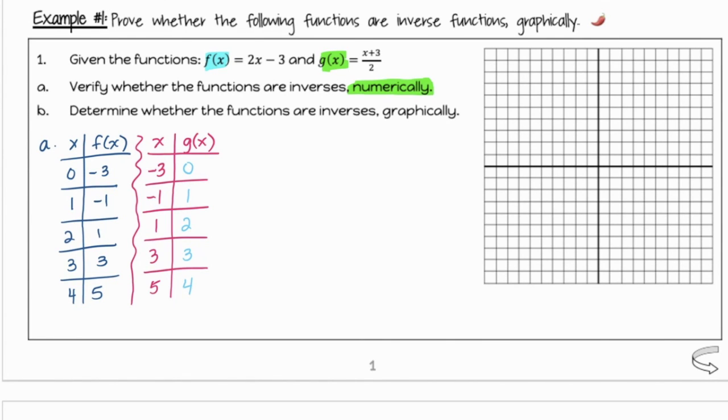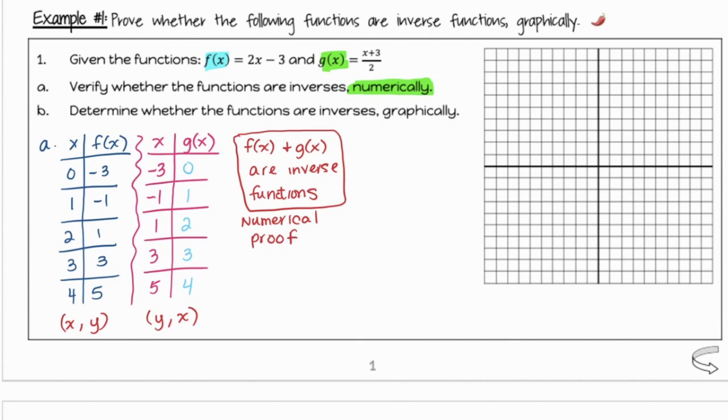The reason I am doing that is because I want to see and determine whether x and y swap. So if this was my original x comma y ordered pair, when I look at the g of x function, did my values swap? And I can see in each of these cases that yes, it did. So I can conclude that these two functions are inverse functions of each other. So here's my first piece, my x, y change. Therefore, that's my numerical proof.